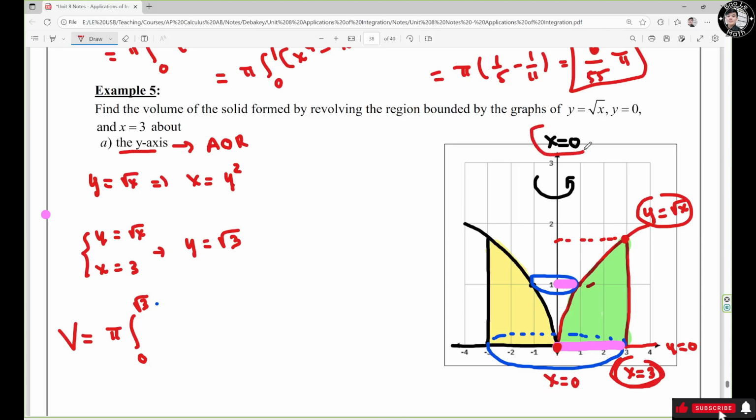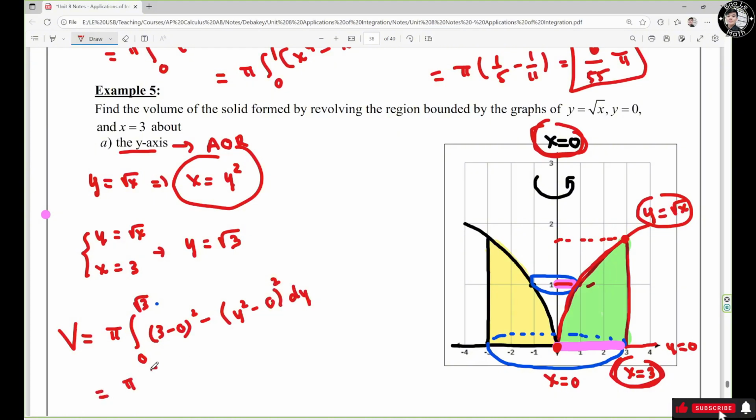So I have 3 minus 0 all together squared, minus the smaller radius, which is s right depending on the graph right here, y squared minus s left, which is s equals 0, dy. Now I'm going to simplify this one. It's going to be pi times the integral from 0 to root 3 of 9 minus y to the power of 4, dy.